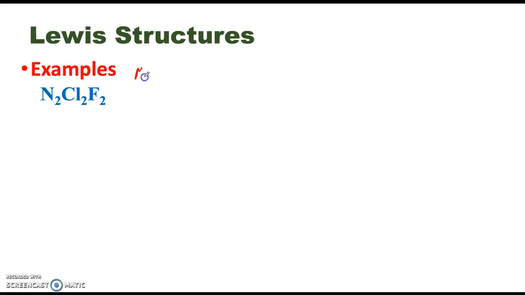First thing we got to do is come up with the magic number. Now nitrogen has, if you look on your periodic table, remember on the top it has 5 valence electrons. There are 2 of them, so 5 times 2. There's 2 nitrogens, so each nitrogen has 5, that's why I go 5 times 2.